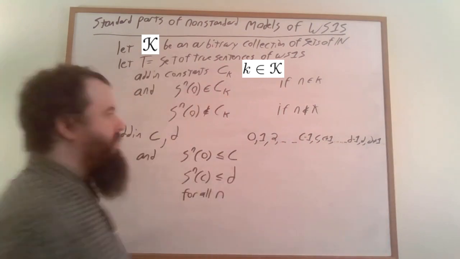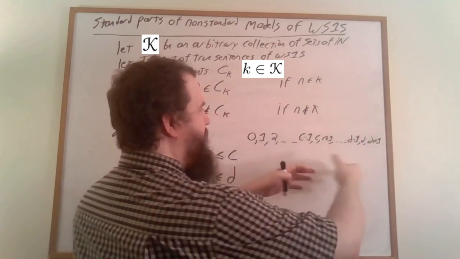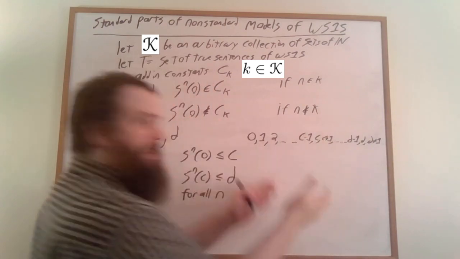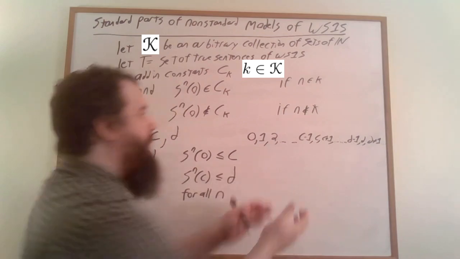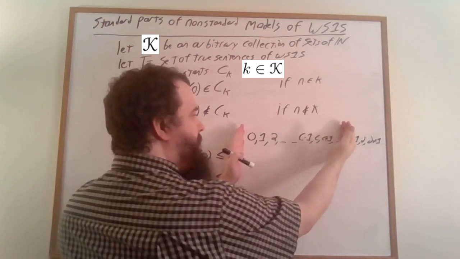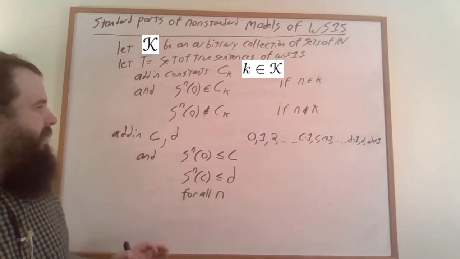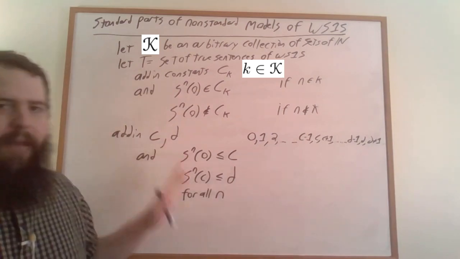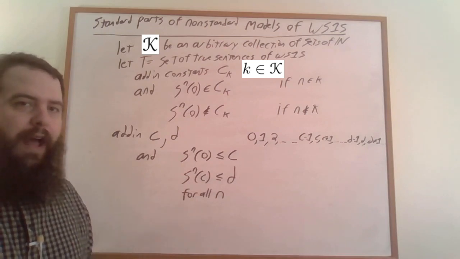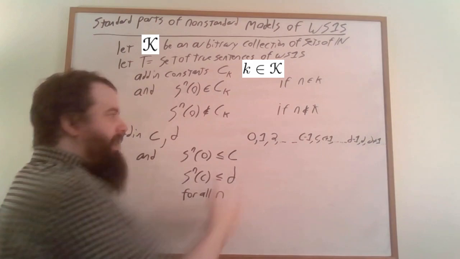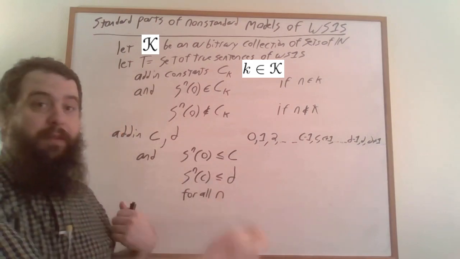I'd actually like to force this non-standard part to become very small and wieldy. I'd ideally like my non-standard models to be an omega plus Z model. But regrettably, there's no way of just doing a compactness argument to require that. We can only force this to get larger by adding in new constants and requiring them to be infinitely far away from each other.